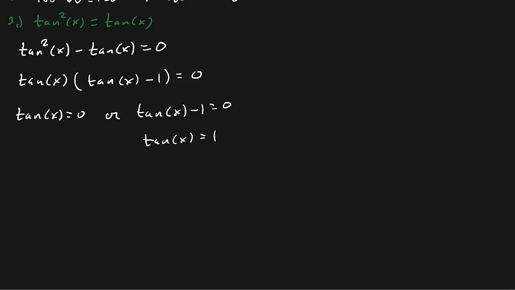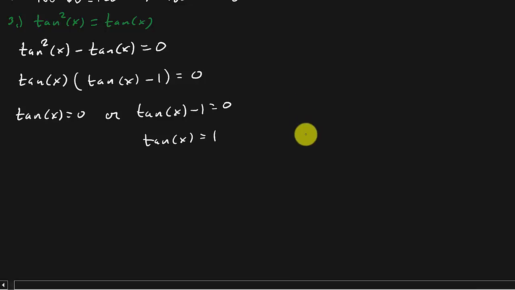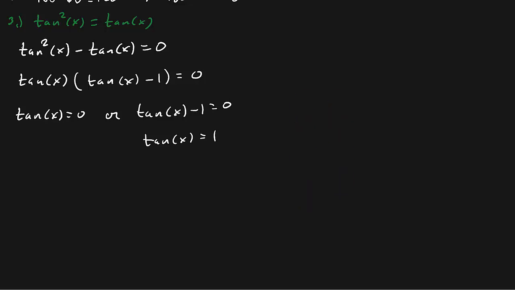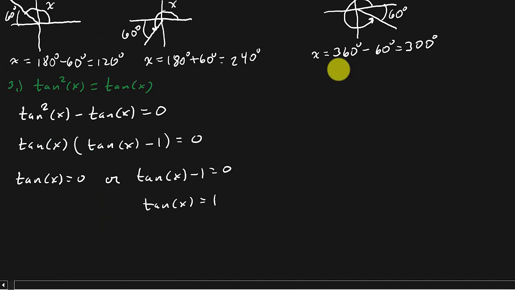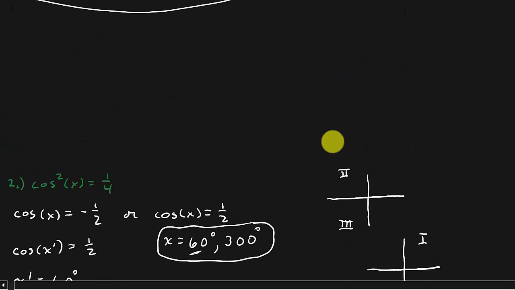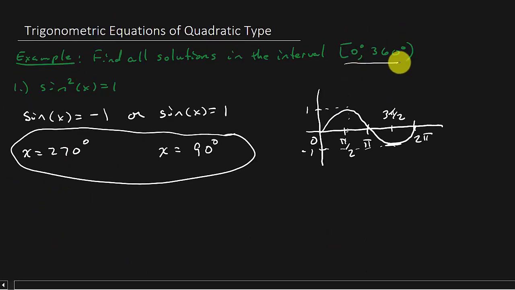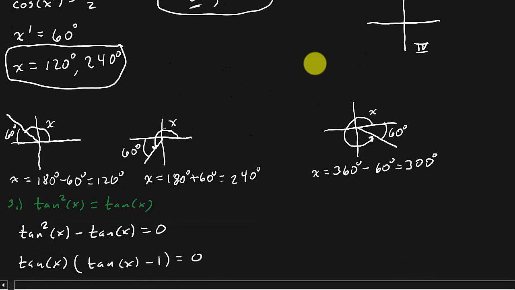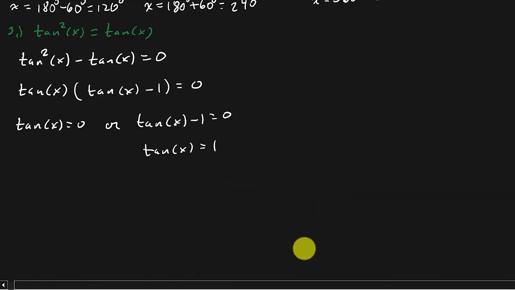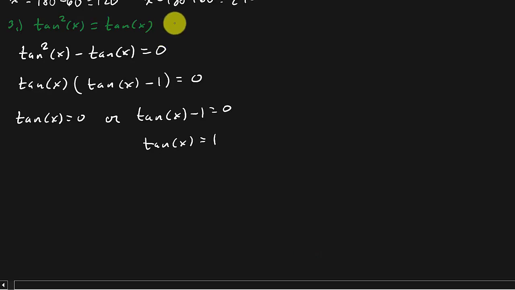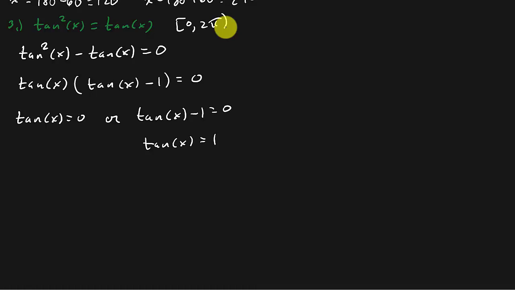Now remember, we're looking for everything between 0 and 360. I know it says 0 and 360, but since we've already done a couple in degrees, let's just go ahead and switch over to radians.